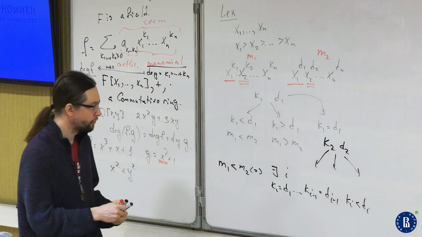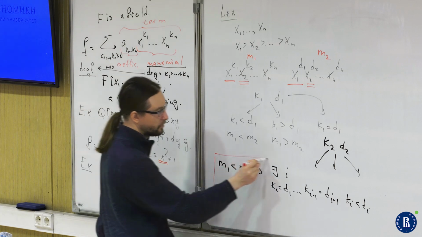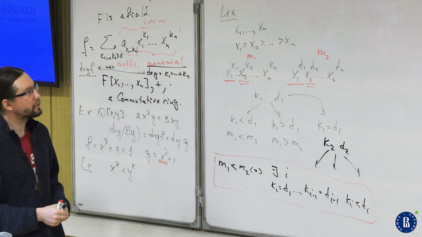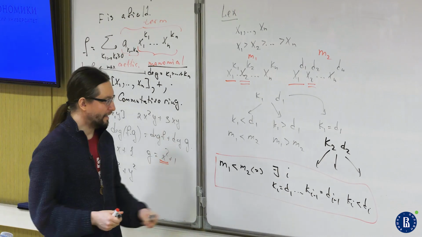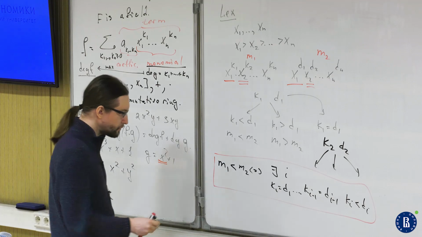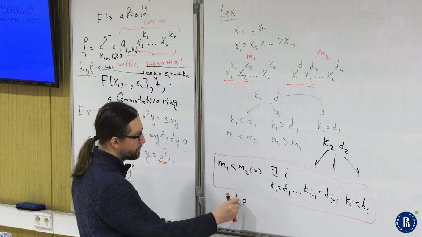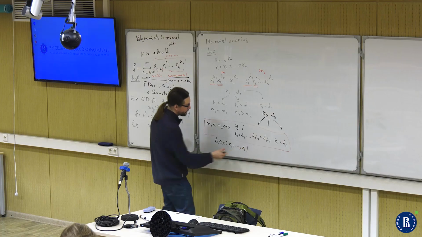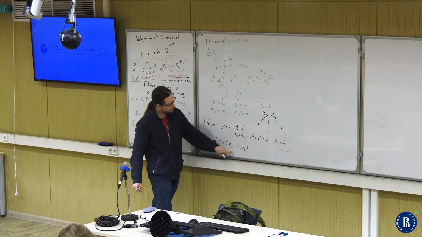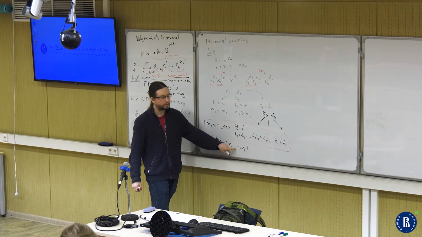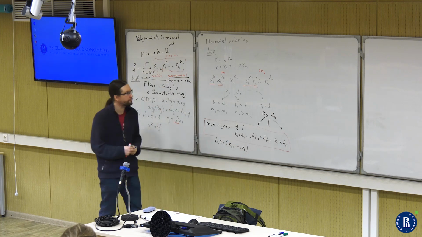So this is a formal definition of being smaller. And this order is called the lexicographical ordering. I will denote it by lex, x1, ..., xn, where the ordering here means that x1 is the highest one, x2 is the next highest one, and so on. So this is how to compare two different monomials.